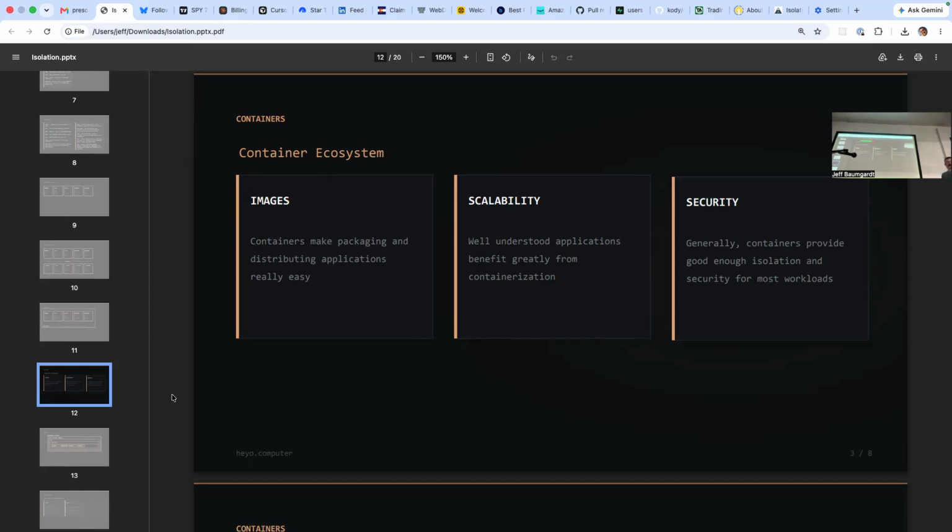And then security. Honestly, containers are good enough for most things. So there are ways of escaping it. You have to be pretty purposeful, which means you'll have to be running basically untrusted code or untrusted commands in order to escape that. So that's the part that gets kind of iffy in the agent era.